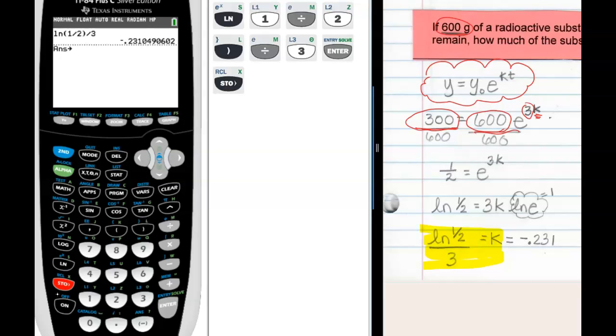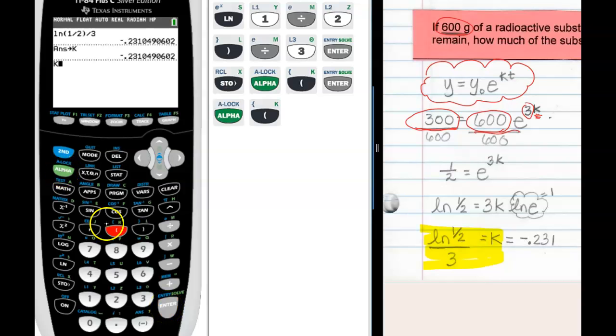I'm going to store it as the letter K. So I go to alpha, which is the green button, and find the letter K, and now I have k is equal to that number. I push enter, and it's in there. So check this out. If I just type in the letter k and press enter, it will tell me that exact same number. So let's go back to our problem so that we can see how we may have to use the k value that we found.